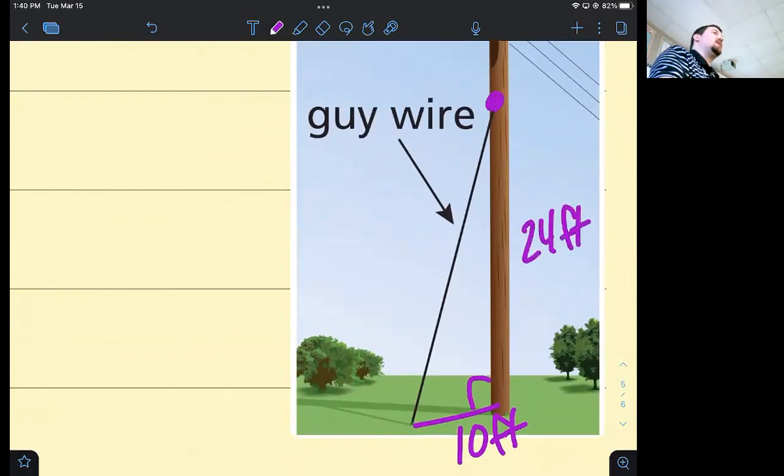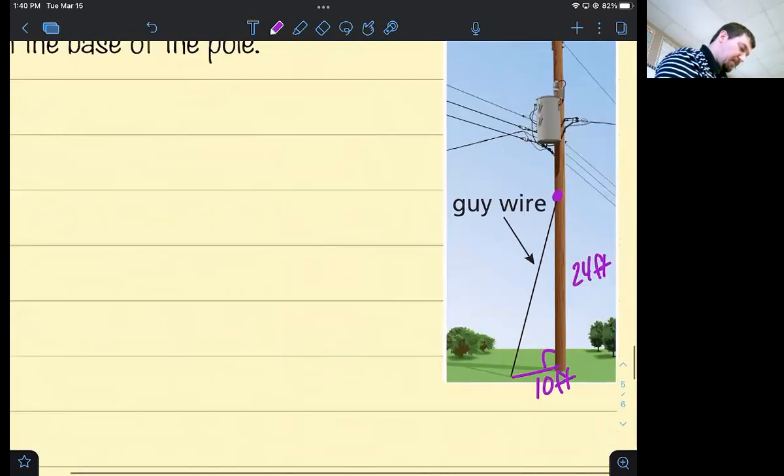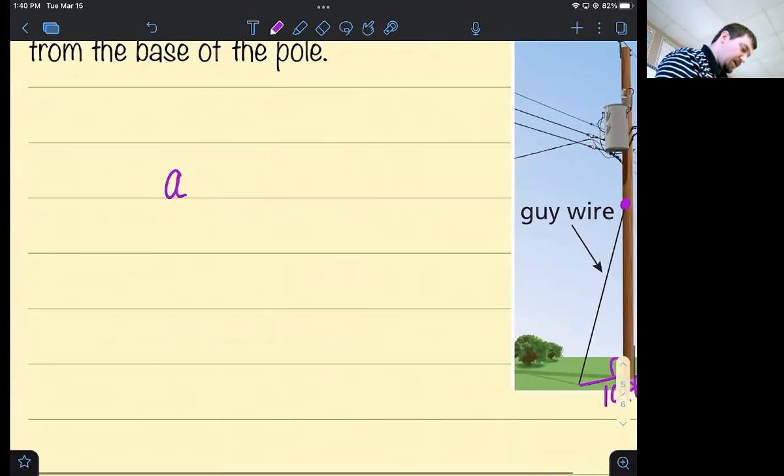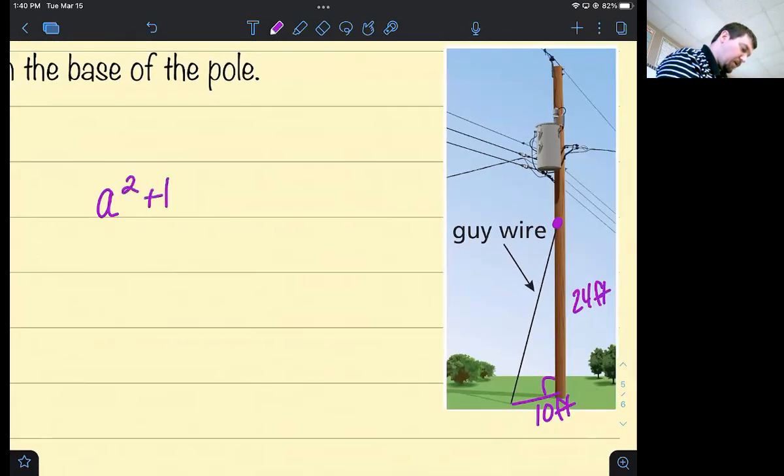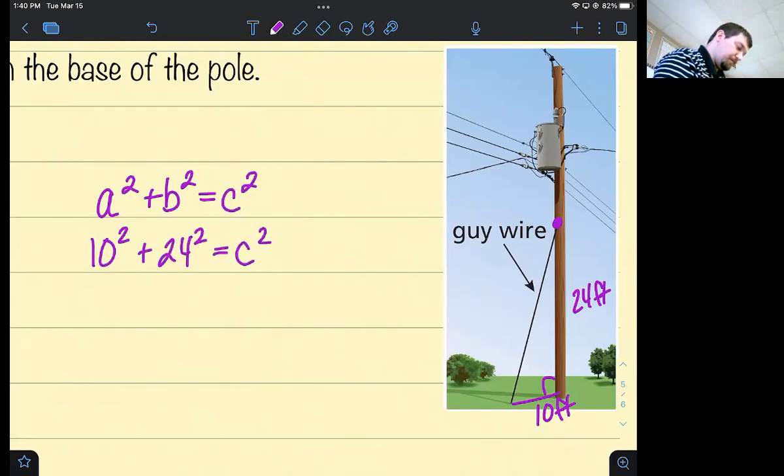What are we missing? A leg or a hypotenuse? Sky? That's right. So if our Pythagorean theorem says a squared plus b squared equals c squared, which you don't need to write every time, especially since it's pretty easy to memorize, you're going to plug in 10 for one of the legs, 24 for the other leg. What's 10 squared? 100.